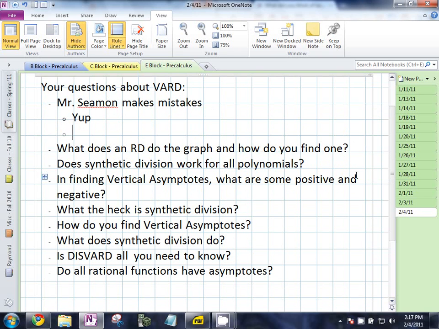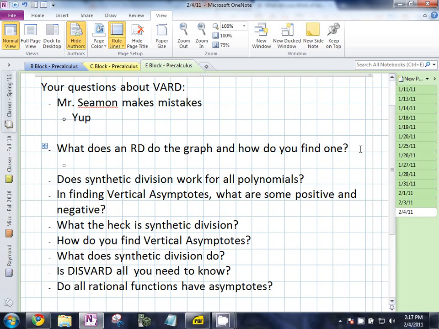What does an RD do to the graph, and how do you find one? What is a removable discontinuity? It's an open dot on the graph. The function is traveling along, doing everything normal, and everything is fine except there's one point where it doesn't exist.